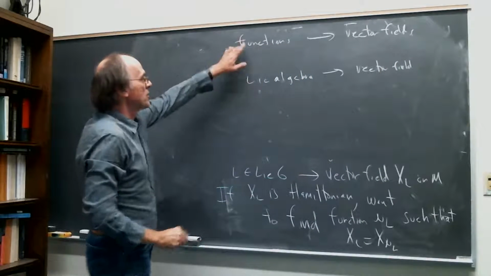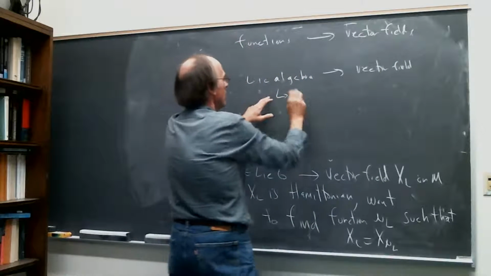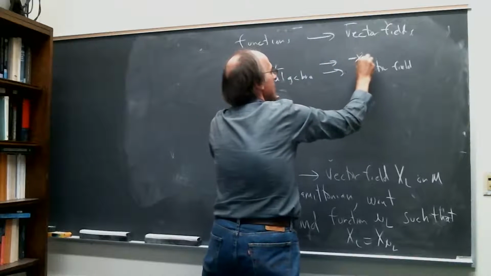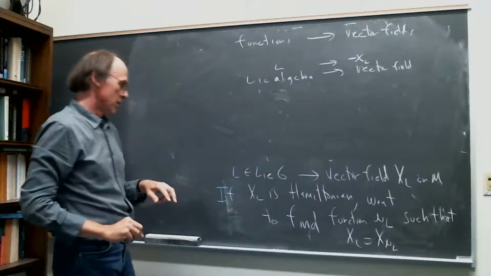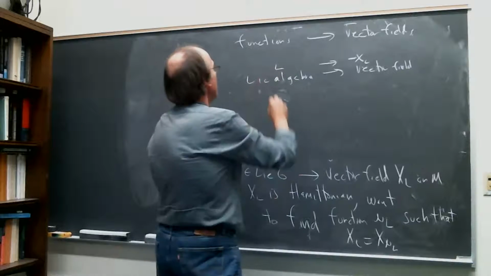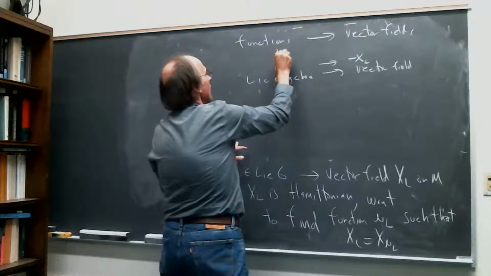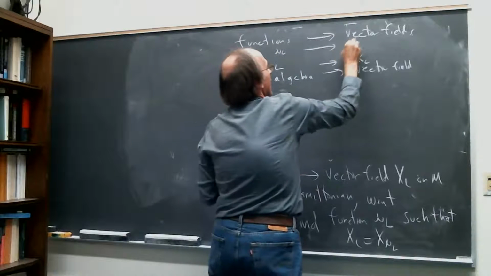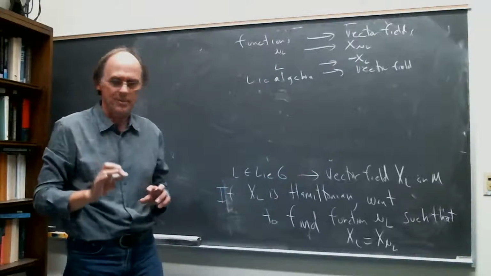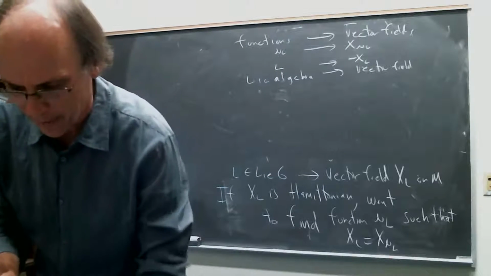So here you've got L. Anyway, L goes to minus X_L. Is that right? Or yeah. And then here you've got u_L goes to X_{u_L}. Sorry, again, this is where this minus sign is tricky. You have to define things correctly there.